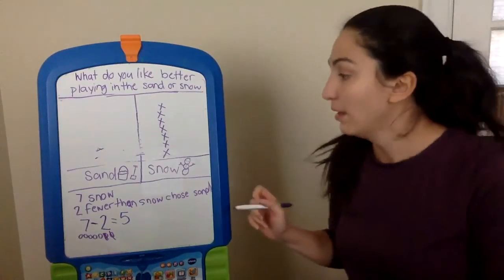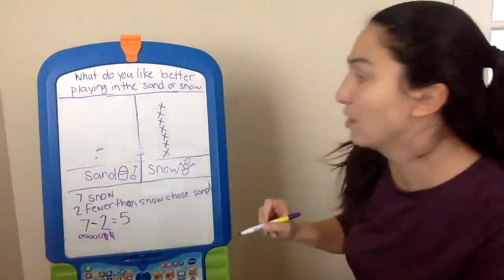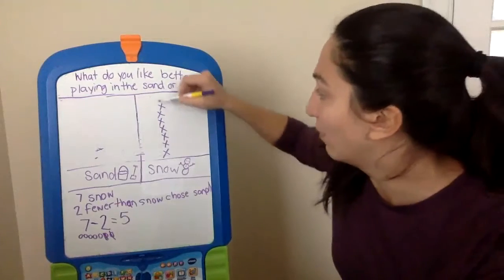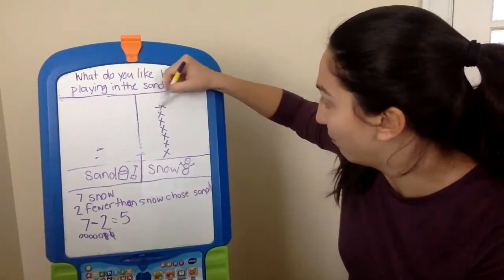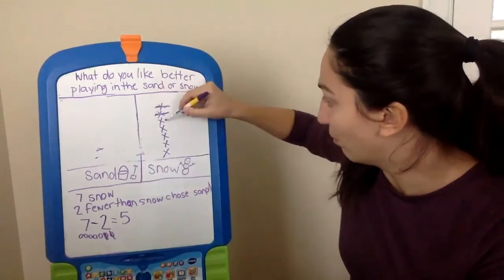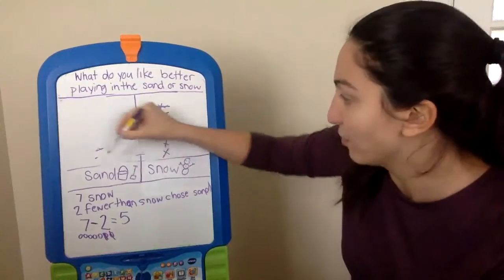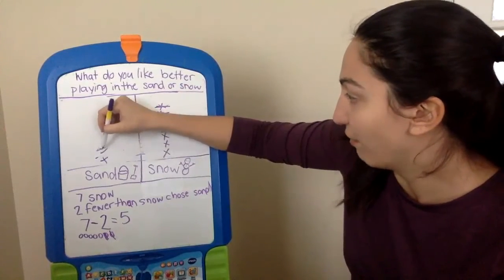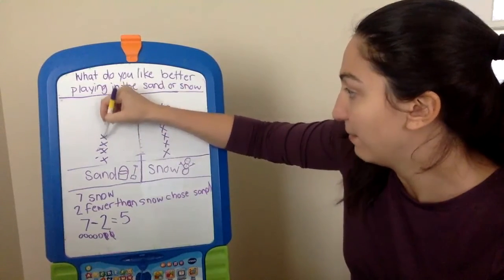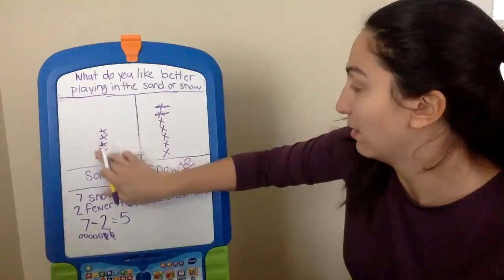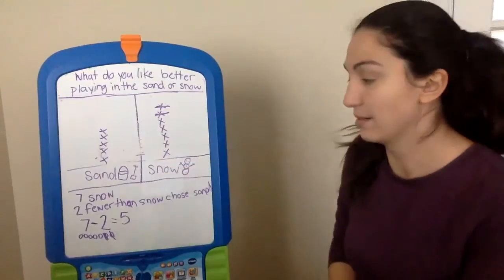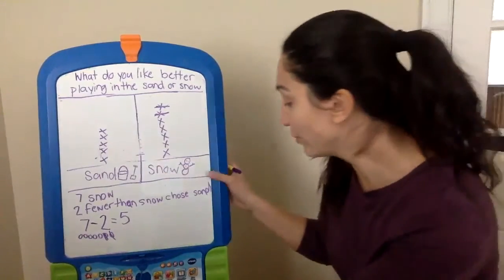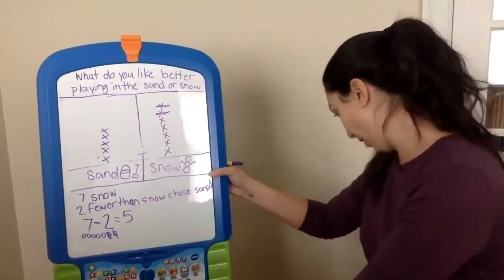Okay. And I know that 2 fewer than snow. So if it's 2 fewer than snow, I'm going to get rid of 1, 2. 1, 2, 3, 4, 5. So that tells me that there are 5 X's on sand. Okay, so those are the different ways that you can show this problem.